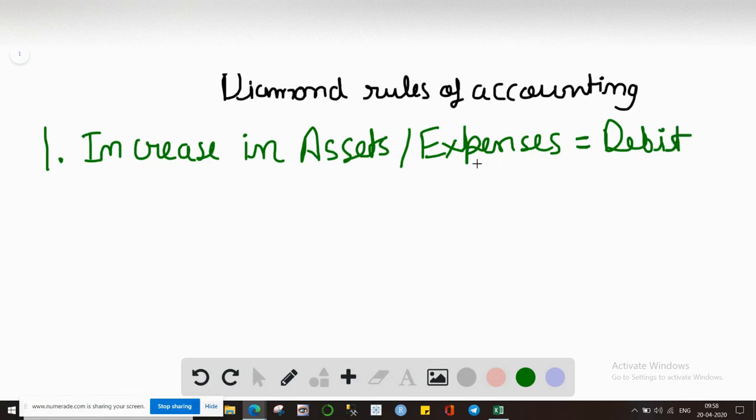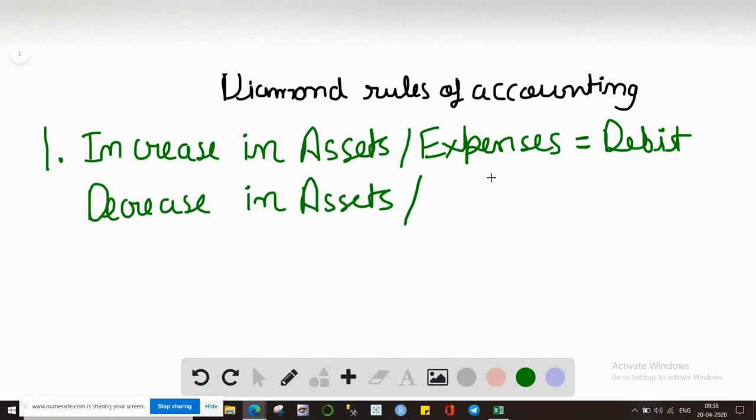So let's say we have five types of accounts. First of all, assets and expenses. Whenever there is an increase in assets and expenses, there will be a corresponding debit to those accounts which are considered assets or expenses. However, if there is a decrease in assets and expenses, then there will be a credit to those accounts.